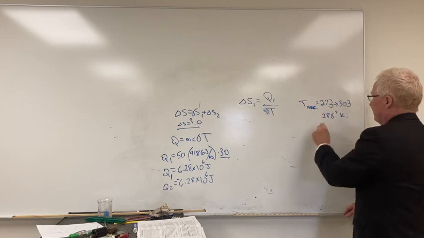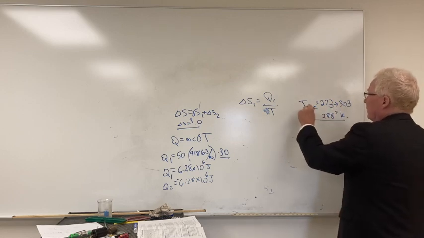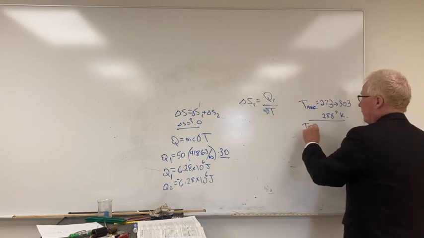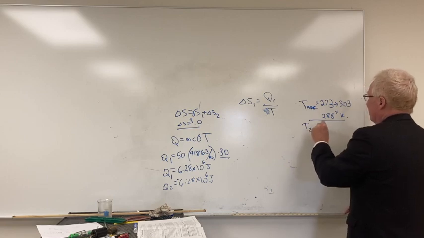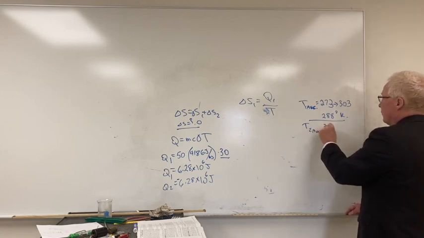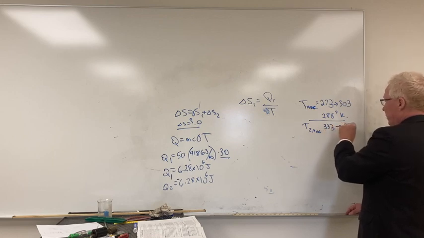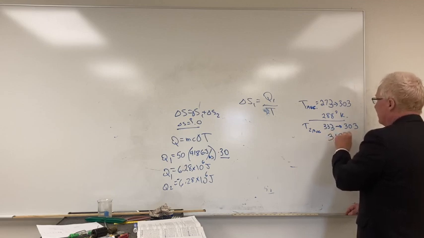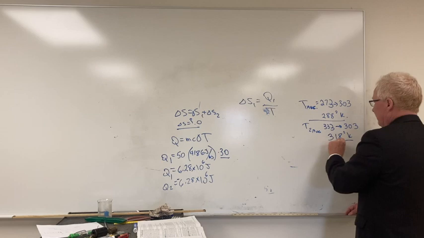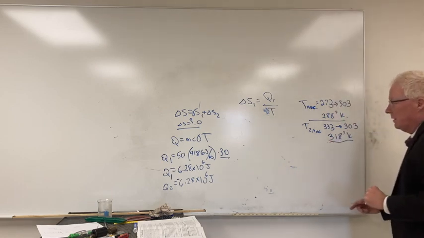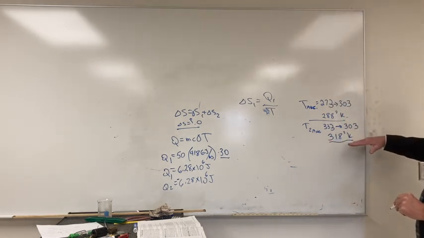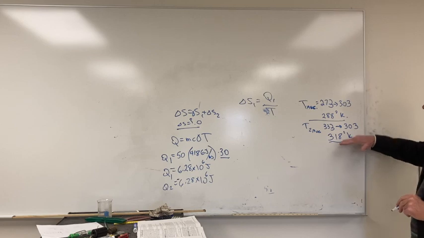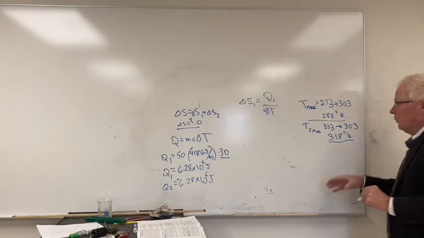And for T2 average, it's going from 333 down to 303. So the average of that is 318 degrees Kelvin. Okay. So the average of the hot one going down is that. The average of the cold one getting warmer is that.